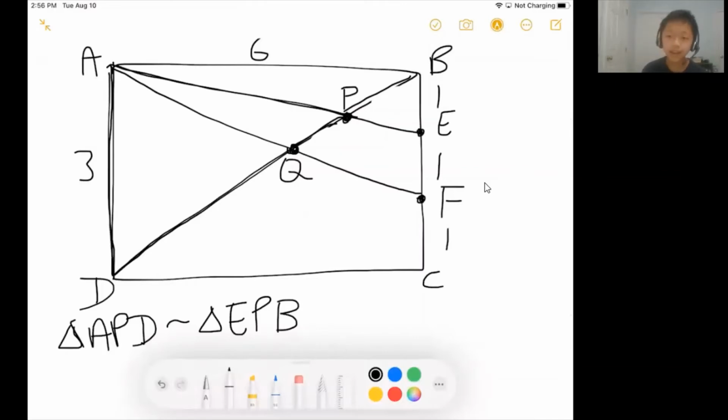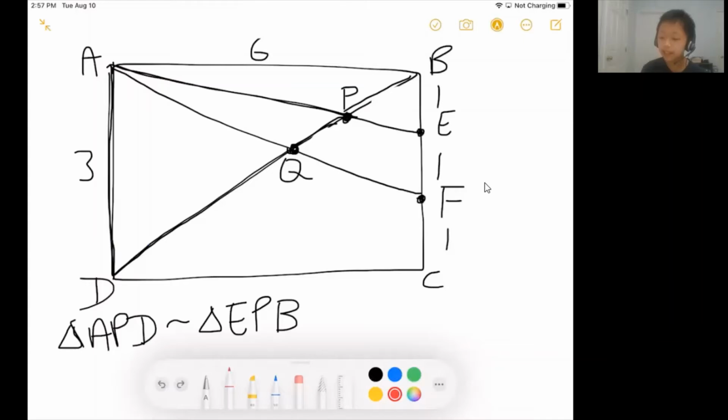The reason is that whenever you have parallel lines, like AD is parallel to BC since ABCD is a rectangle, you get similar triangles, because this angle is equal to this angle by alternate interior angles. And similarly, this angle equals this angle by alternate interior angles.